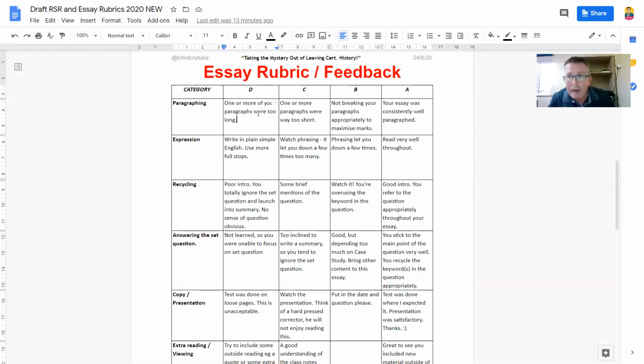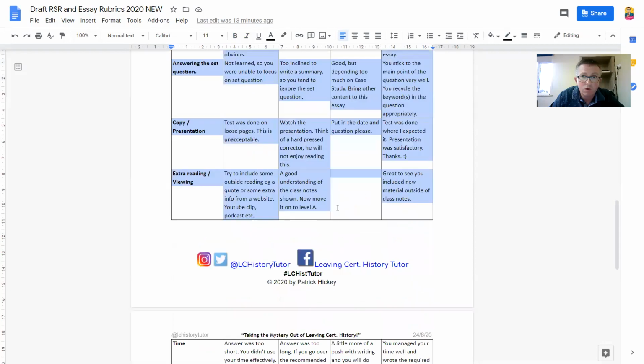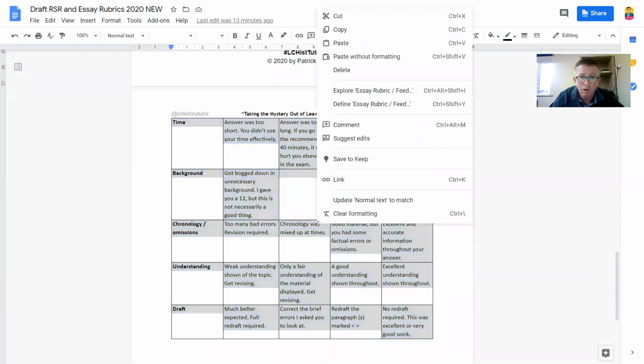What's happening, certainly in my class, is that a lot of this work is going to be done online on platforms like Google Classroom and Microsoft Teams also. So having a rubric like this that you can just highlight, right click, copy, and paste into the document where your student has done their work is very, very handy.